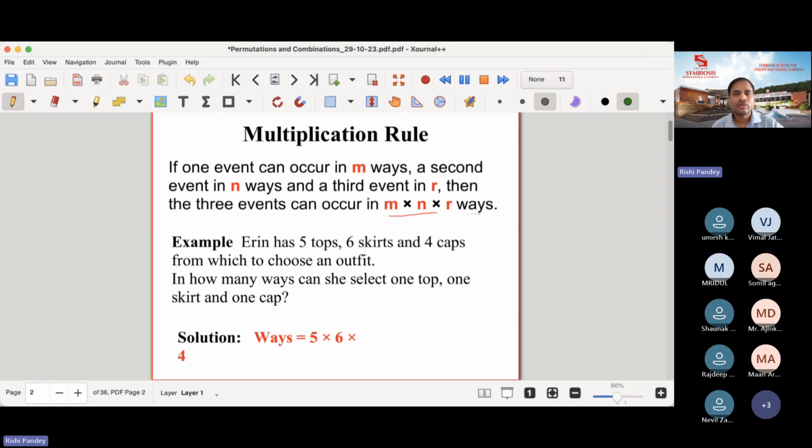So Erin has 5 tops, 6 skirts, and 4 caps from which to choose an outfit. How many ways can she select one top, one skirt, and one cap? The number of ways is the multiplication of all of them. You got my point? Multiplication. For example, you have 2 shirts and 3 pants.